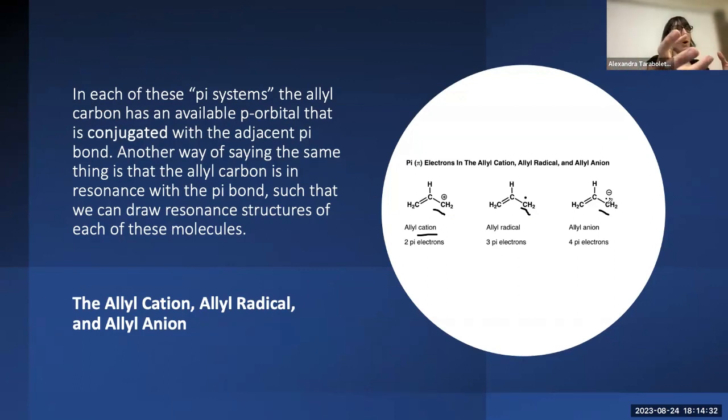So there's a step process where you form one of these, and then some interesting chemistry happens, okay? That's why I said often you'll hear just a carbon sitting next to a double bond referred to as an allylic carbon because it has the potential to become one of these systems. Okay.